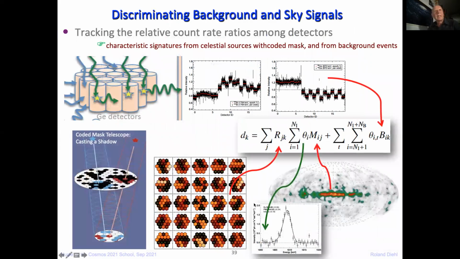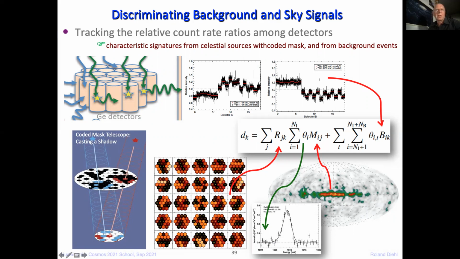Now, such an instrument is also not easy to analyze, but essentially what we are looking for is the characteristic signatures from celestial sources in the different detectors. We have 19 detectors, shown from 0 to 18.